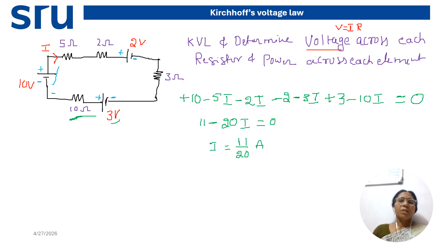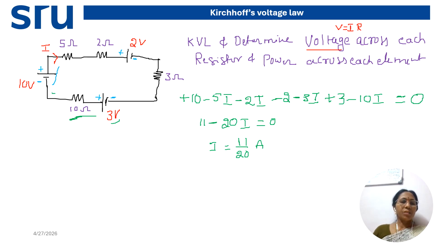Then next, to find the voltage across each element, first we got the current throughout the network, the common current, that is 11 by 20. Now see, one by one element. The first is the voltage source of 10 volts. No need to calculate, because the magnitude of this voltage source is itself 10. But what is the voltage across 5 ohm? Here we have to calculate.